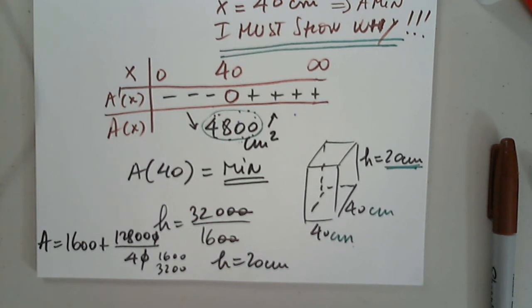You can consider the base of the box as 0 centimeters, right? So you may get algebraically two solutions. You may get, for example, 5 and 100, but 100 will not work because the volume will not stay at 32,000 cubic centimeters.